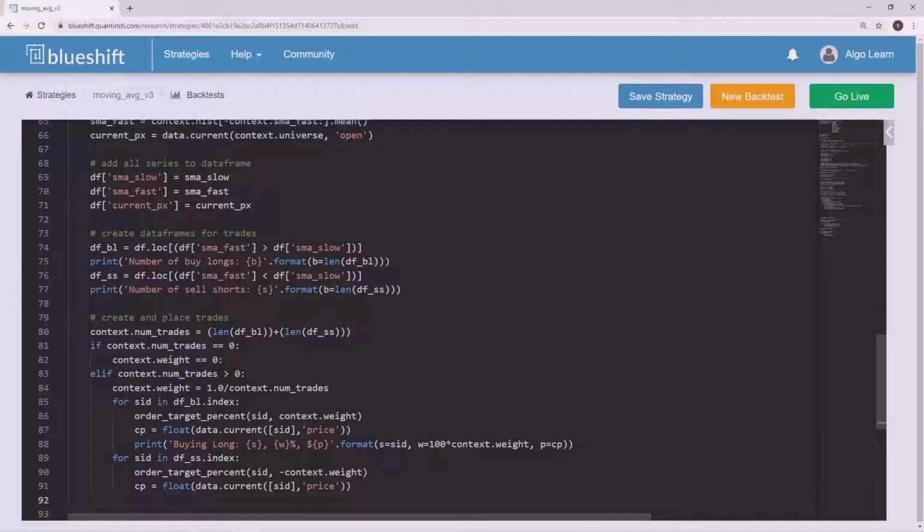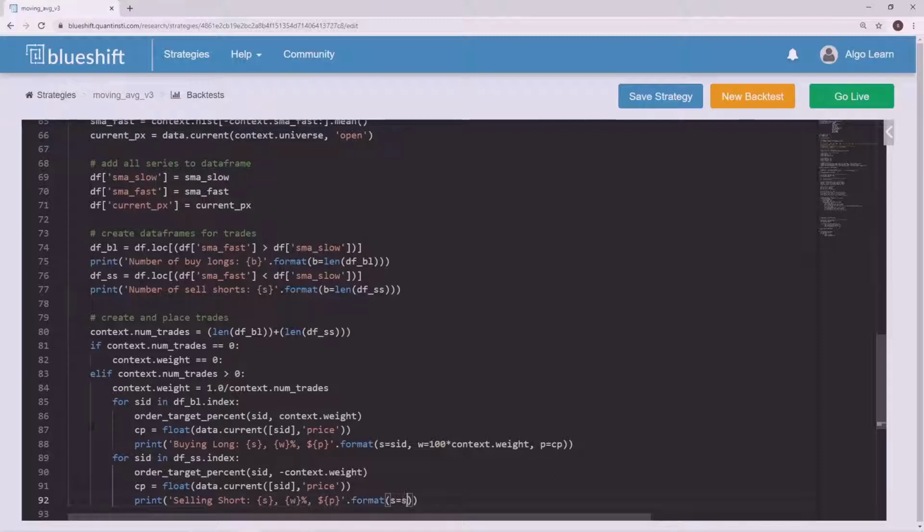All right, and what are we going to print into our log? This will allow us to see our log and what we're doing. "Selling short," and then S for SID, and then we're going to do our weight, percent, and dollar sign P for our price.